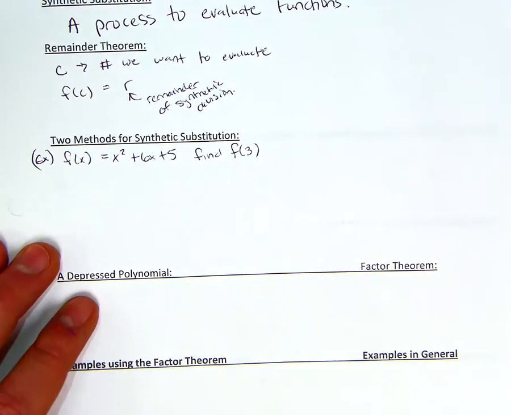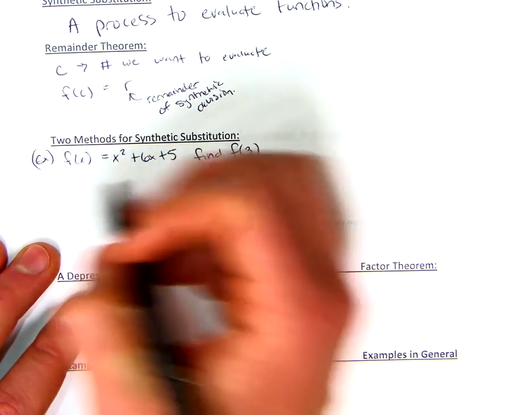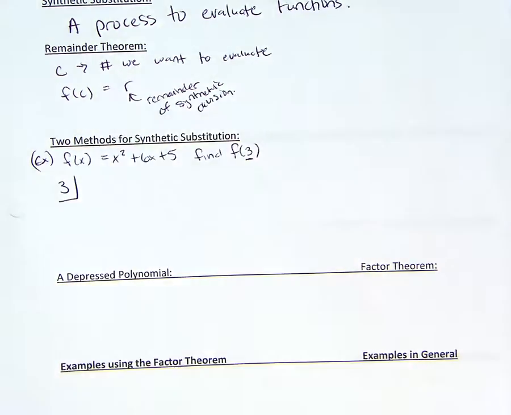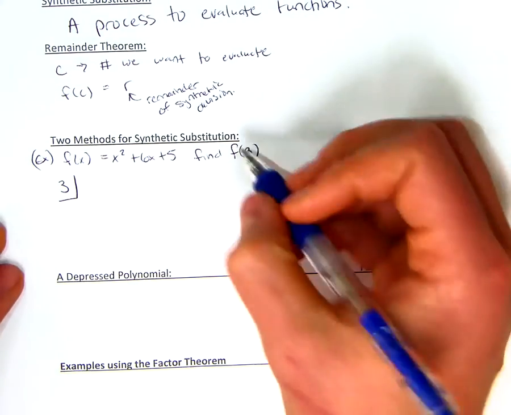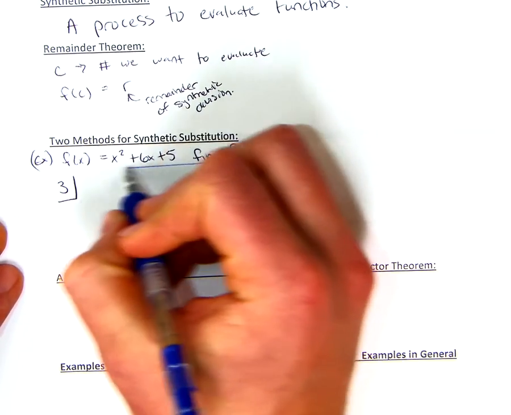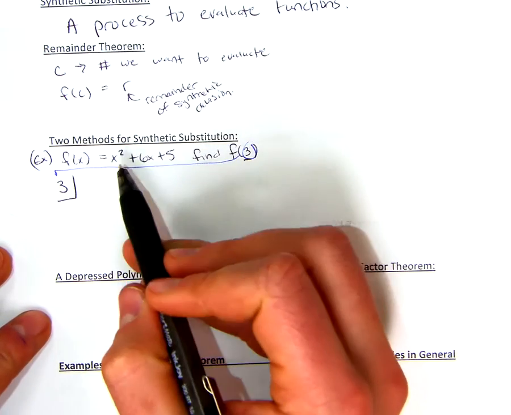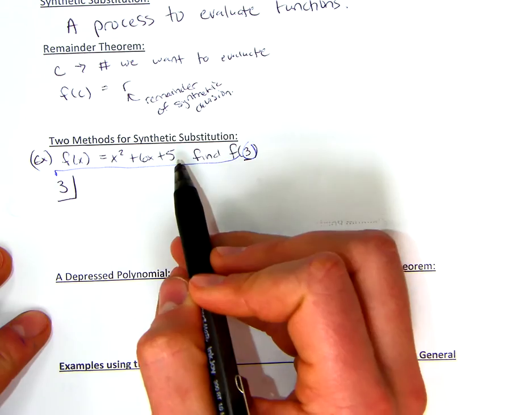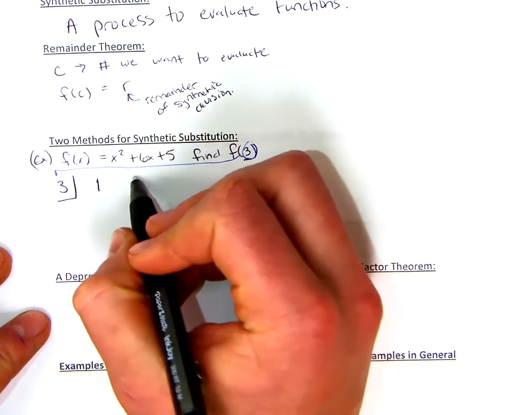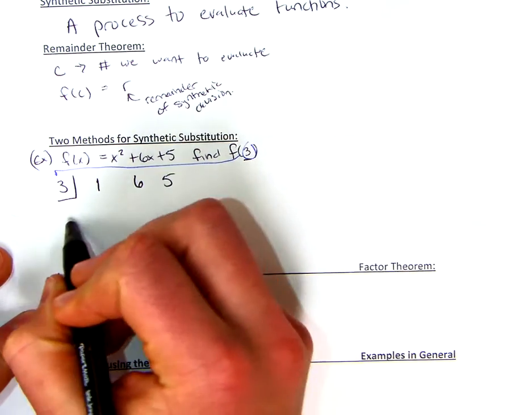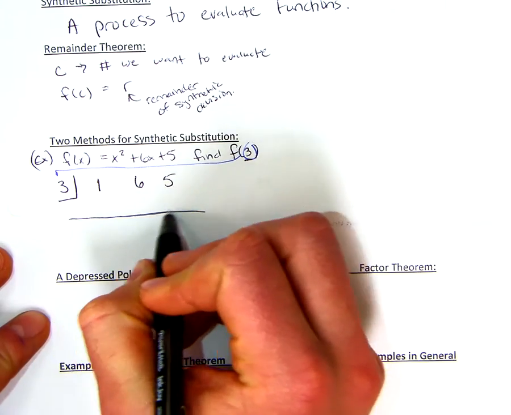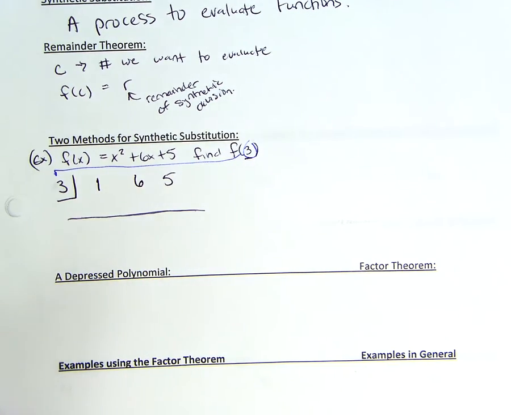So to do that, whatever this number is, it's going to go in the backwards, like we were just doing synthetic division. So this number goes there. You then, like synthetic division, find all the coefficients, all the numbers in front. So we have 1, 6, and 5. Leave a space here for the synthetic division part.